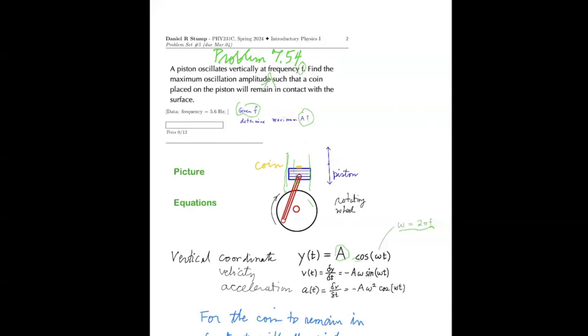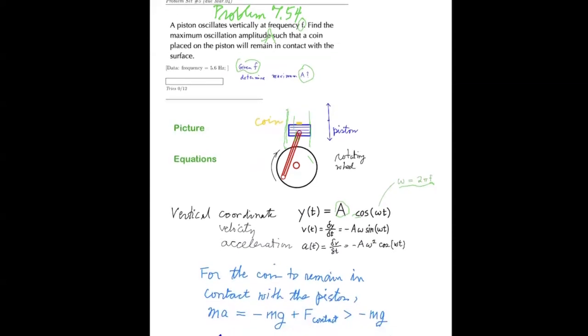Now, I had those equations a minute ago. The velocity, the rate of change of Y, is minus A omega sine omega t. The acceleration, the rate of change of velocity, is minus A omega squared cosine omega t. So I have these equations from the section on harmonic oscillations.